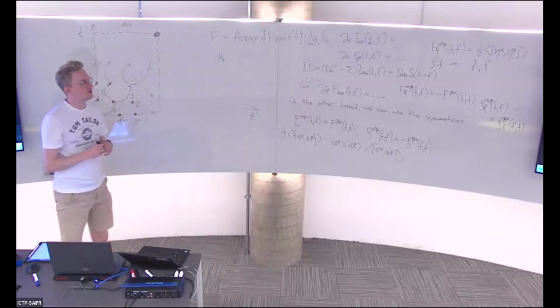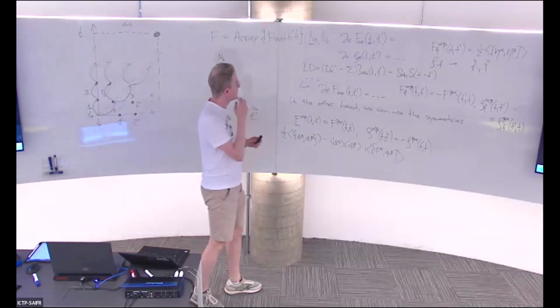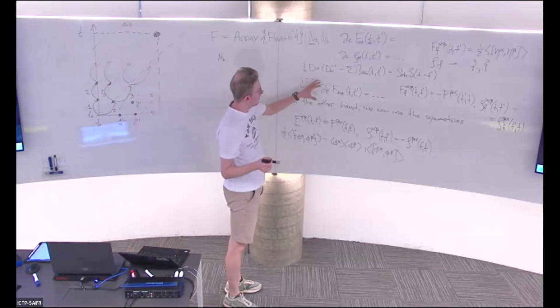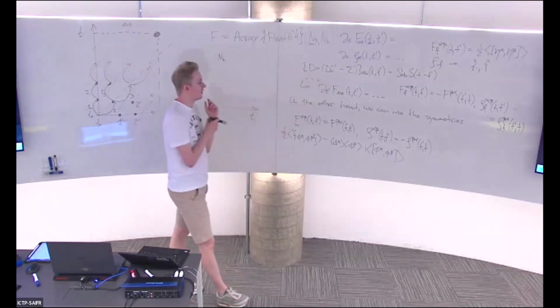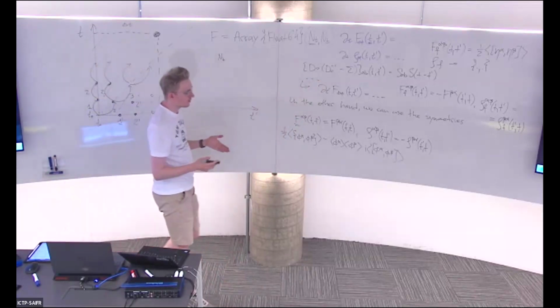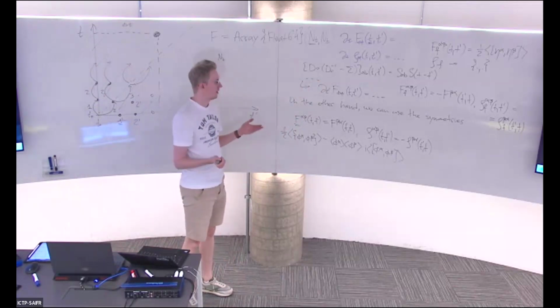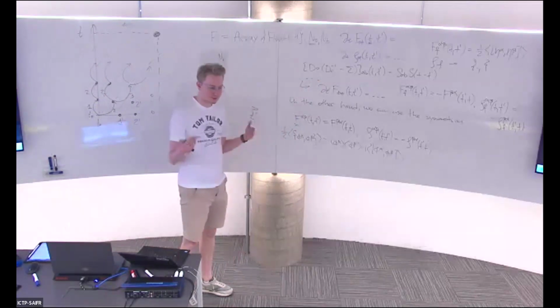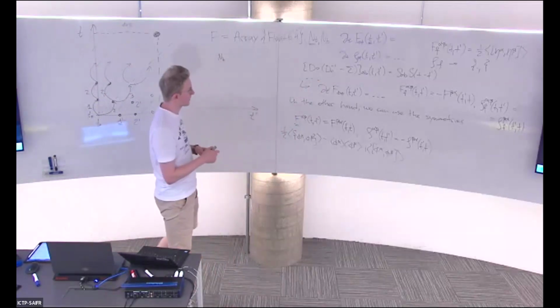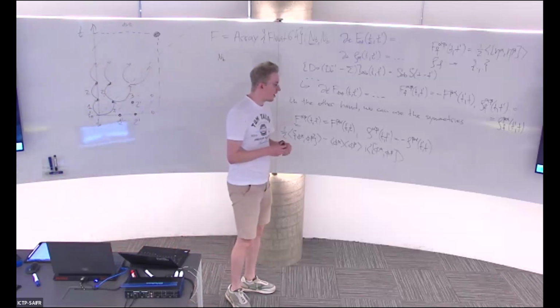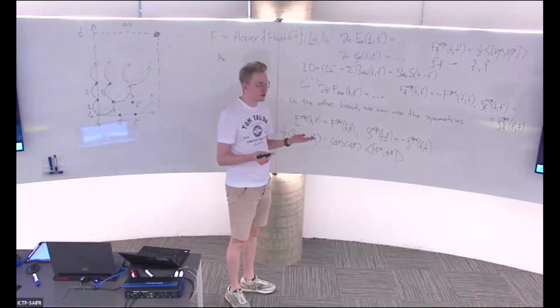So I was asked this during one of the breaks: how does it scale with the system size? Certain methods, such as exact diagonalization, suffer from the fact that your Hilbert space grows exponentially, so you're exponential in your system size. Here it's far more mild, at most polynomial.